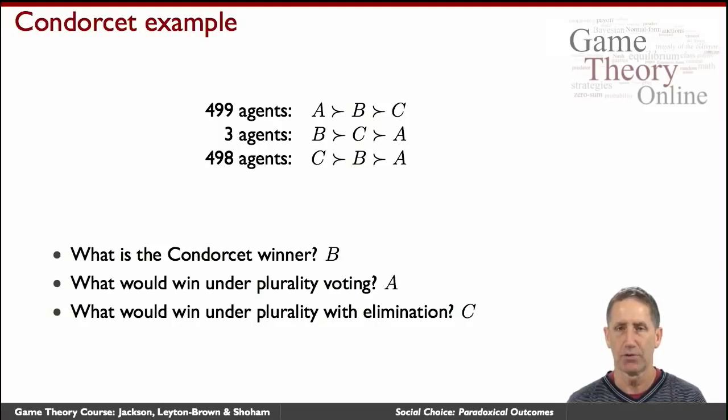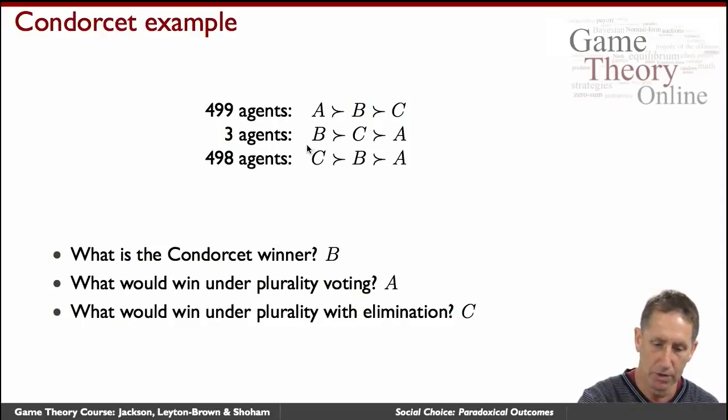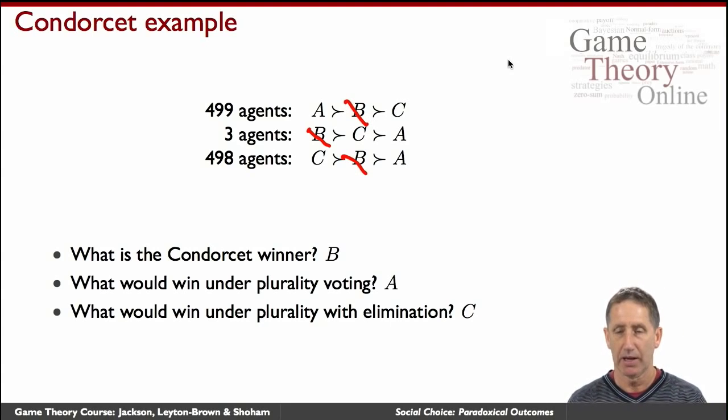Well, you'd first run a plurality, and you'll see that B is the loser, so B would leave the competition, and now it'll be head-to-head between C and A, and in this case C would be the winner because 501 out of the 1,000 agents prefer C to A. So C would be the winner.